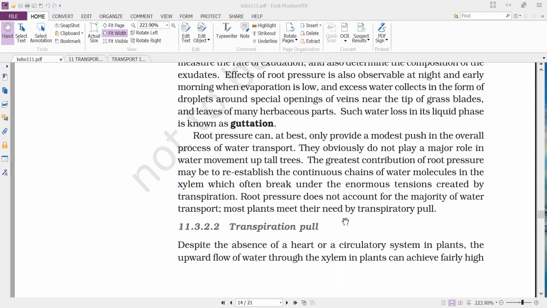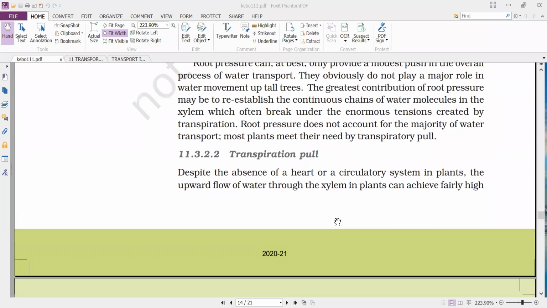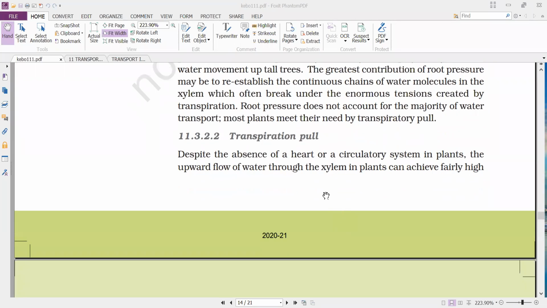The transpiratory pull is the main force driving the water to move upwards.